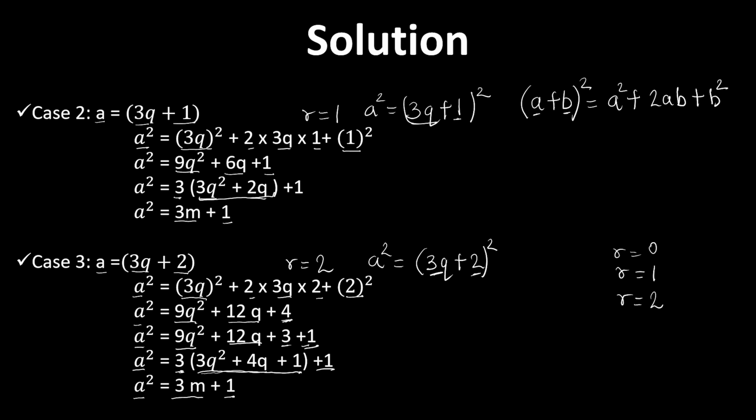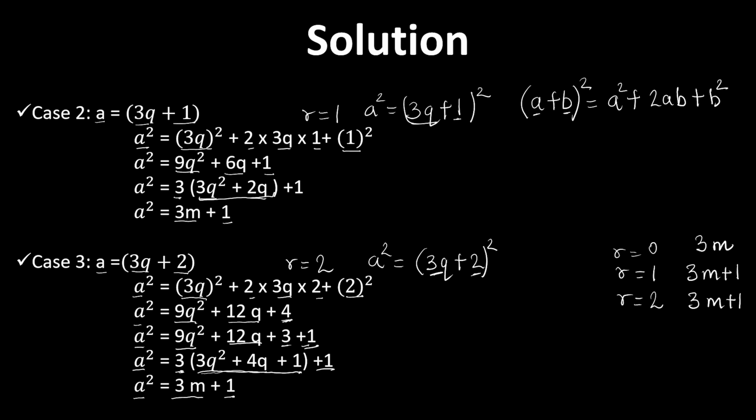And in the first case, we obtained the square of any positive integer in the form of 3m. In the second case, we obtained it in the form of 3m plus 1. And in the third case, we obtained it in the form of 3m plus 1. So what did we conclude?